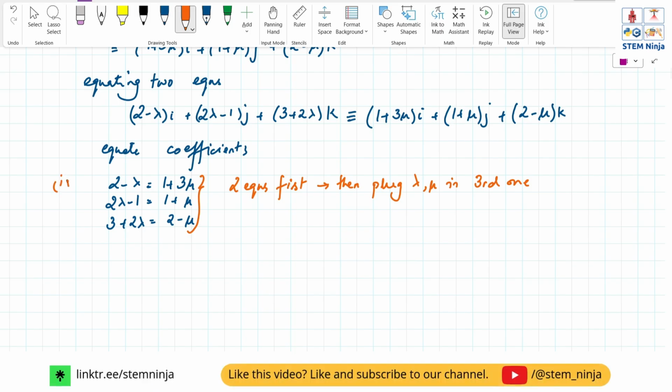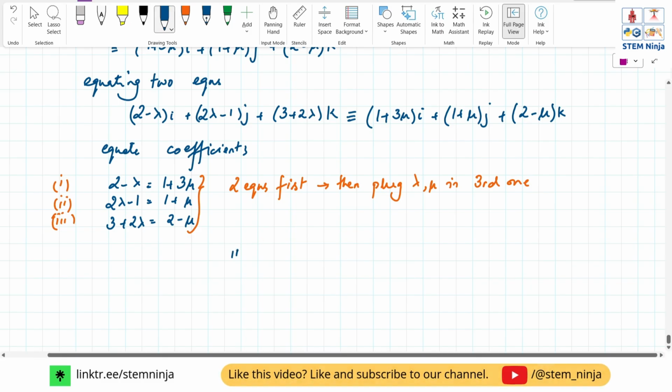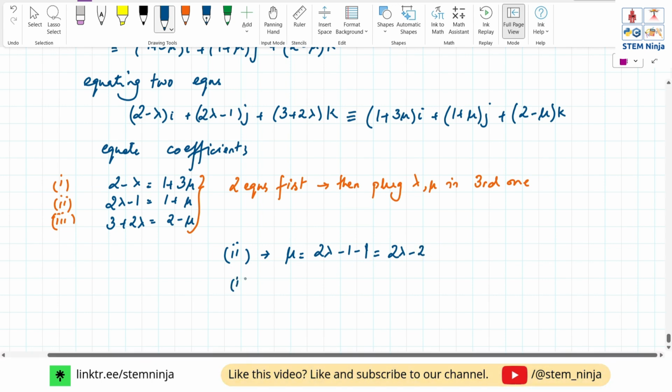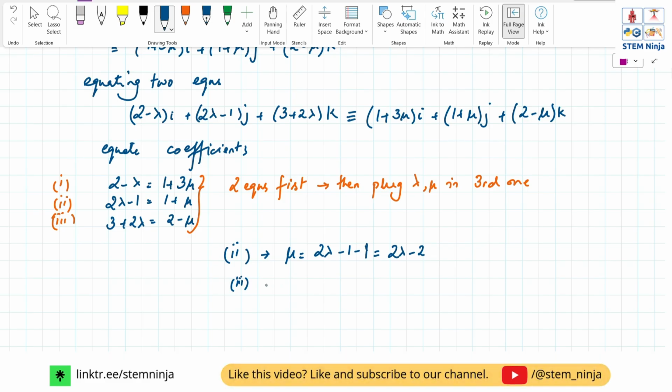So this is first one, this is second one, this is third one. So let's say you choose the second one. So you can make mu equal to 2 lambda minus 1 minus 1. So this would be 2 lambda minus 2. So now we plug this into 1. Actually, we can plug this into the third one, the easy one.